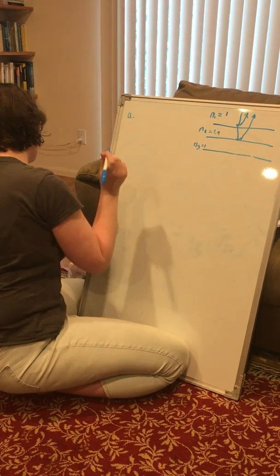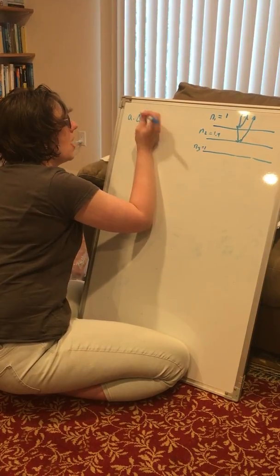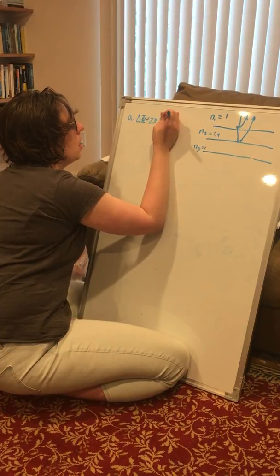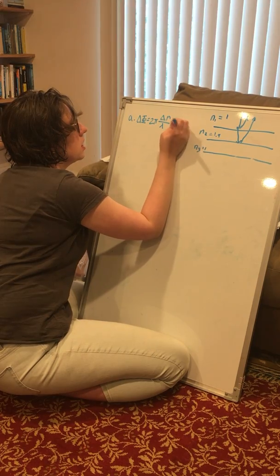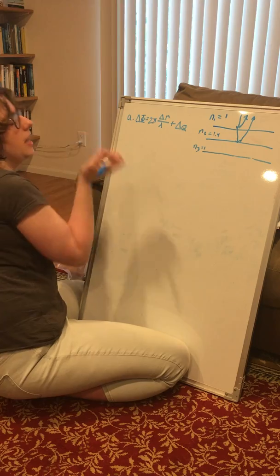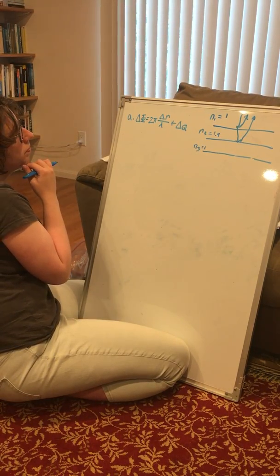And now let's start with the equation delta capital phi equals 2 pi delta r over lambda plus delta lowercase phi. Now, we can substitute some of these with things from our knowledge of it.